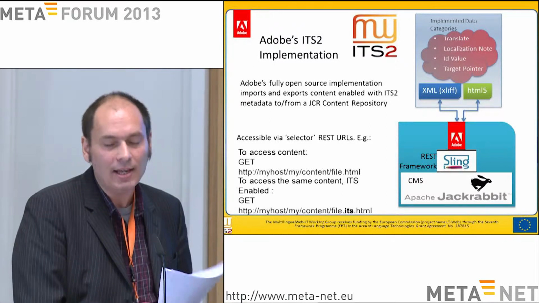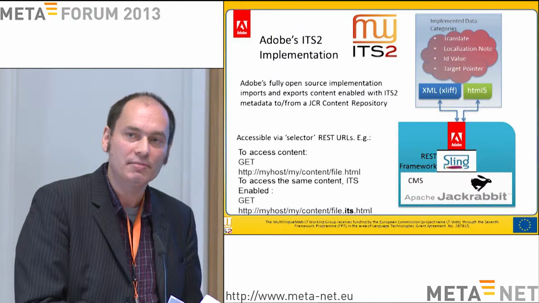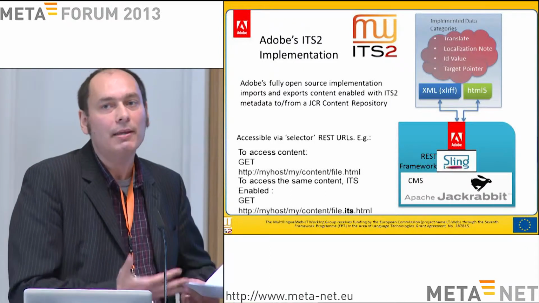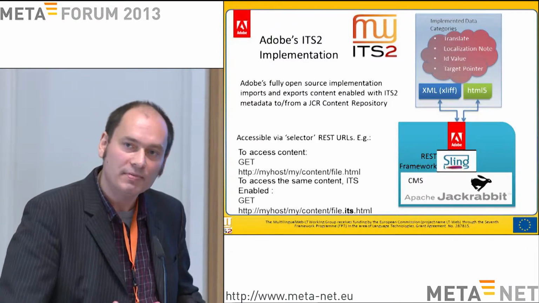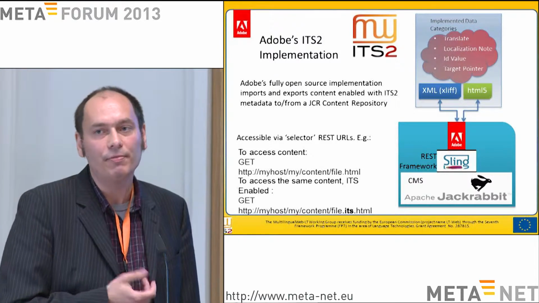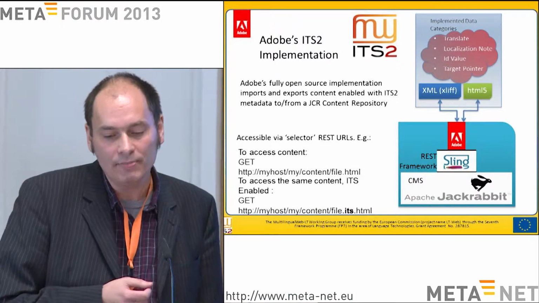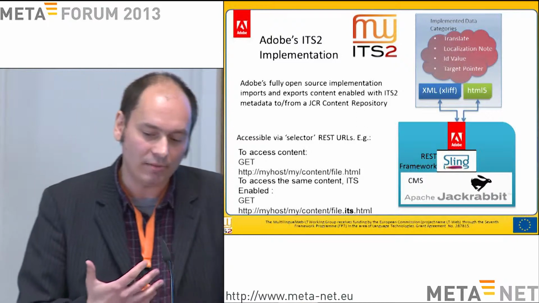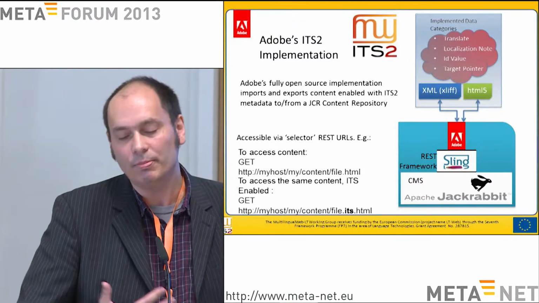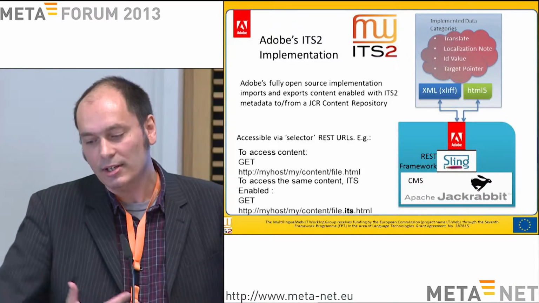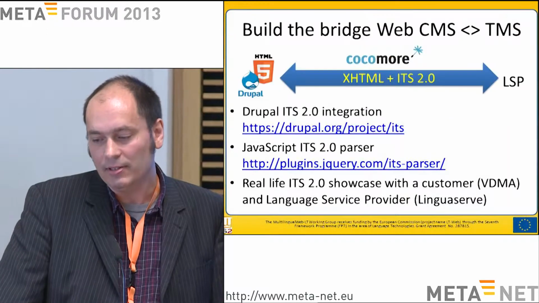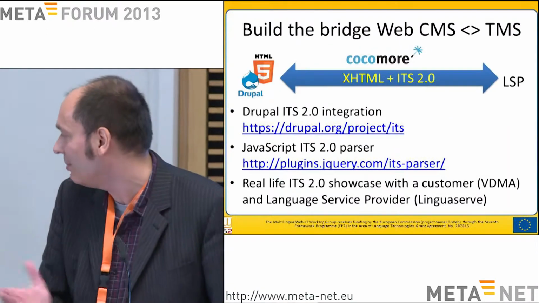And one key aspect of this implementation is that it was fostered by a big corporate, which shows that this is really also helpful for large-scale industry localization cycles, and that very welcome, very good complements the implementation done by Cocomore, which is more focusing on the SME realm. So now, Clemens, it's yours.